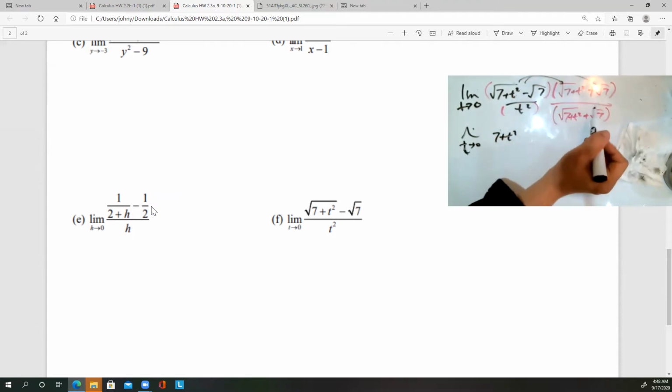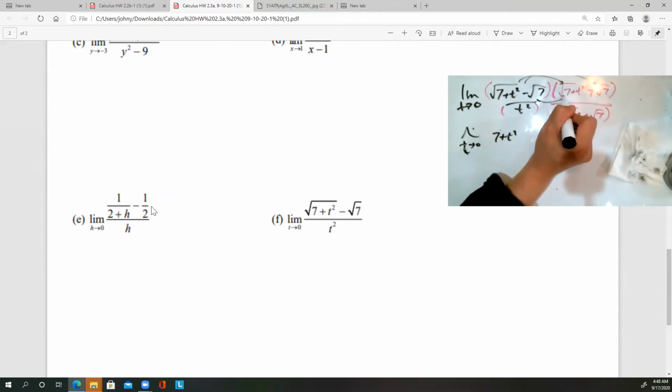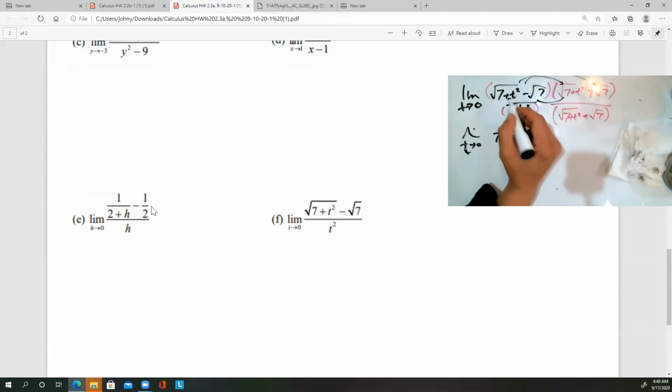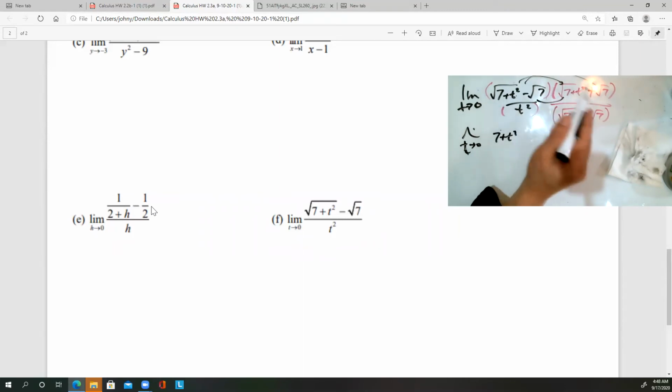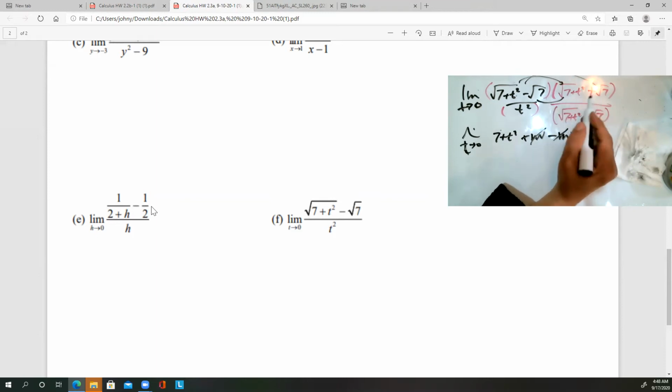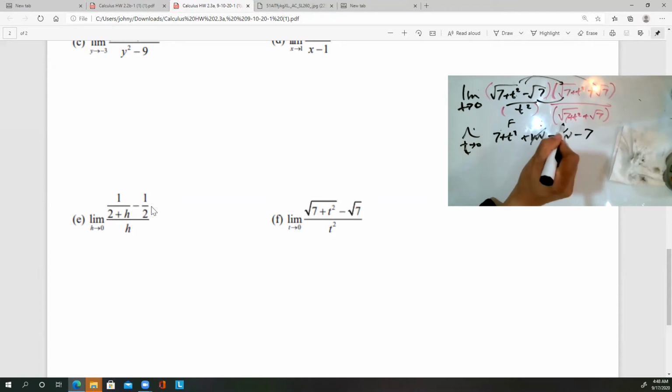The outer and the inner terms will always cancel when multiplied by the conjugate. It's going to be plus this, minus that, but when you multiply these out, the conjugates always cancel in the outer and inner. And then lastly, negative square root of 7 times positive square root of 7 is going to be negative 7. So this is FOIL.